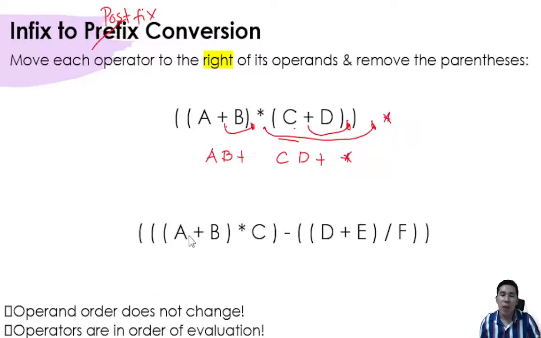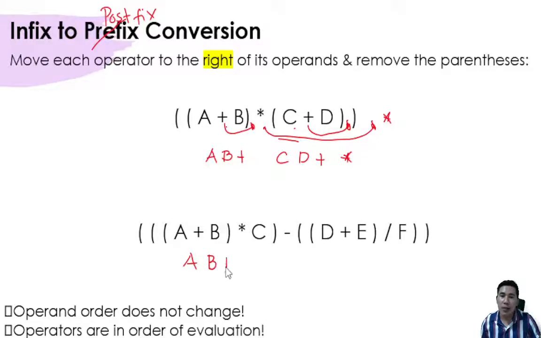Okay. Now, how about this notation? It's the same. All you need to do is perform the expression like A, B. I shift or move the operator after the operands.